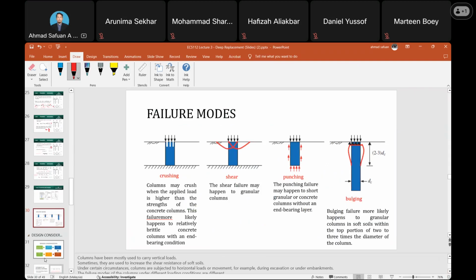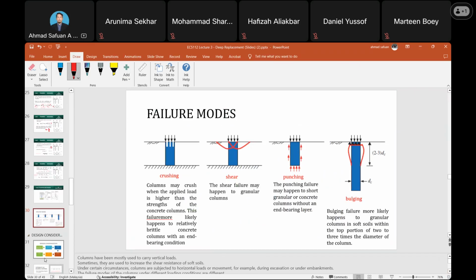Then we look at the failure modes. There are several types of failure modes for the stone column type. You may experience crushing, shear, punching, and bulging.